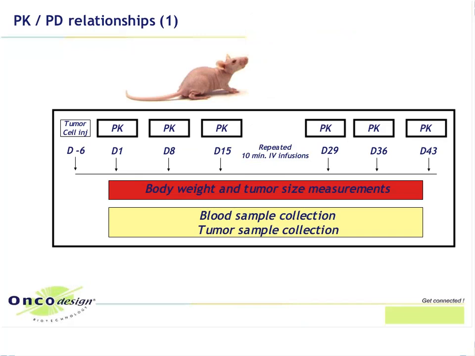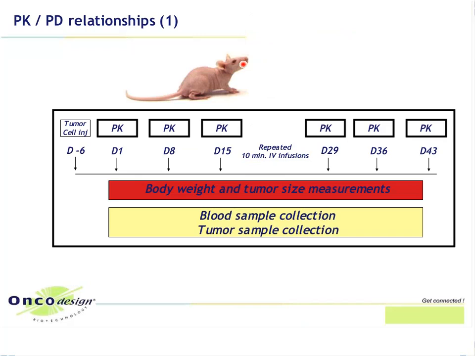This drug is a topo-1 inhibitor. It was dosed by a 10-minute IV infusion by the tail vein to tumor-bearing rats at 1 milligram per kilo. We considered for this study about 200 rats. It was a 2XXL size study to perform PK, biodistribution, and PD.